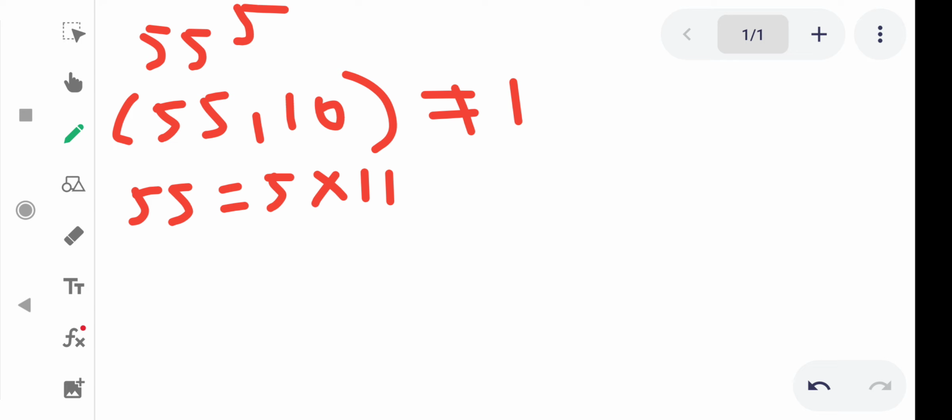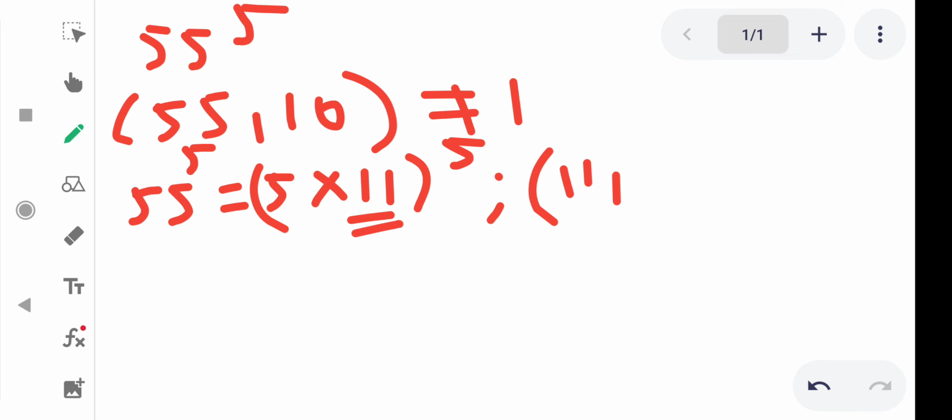So 55 power 5 is 5 into 11, to the power 5. Now we check the GCD of 11 and 10, that is, the GCD of 11 and 10 is 1. So 11 and 10 are relatively prime.